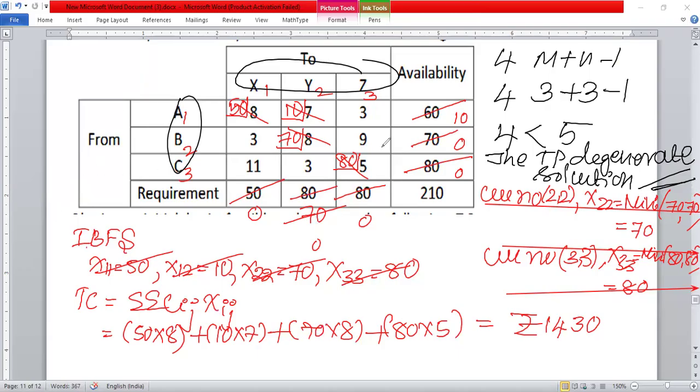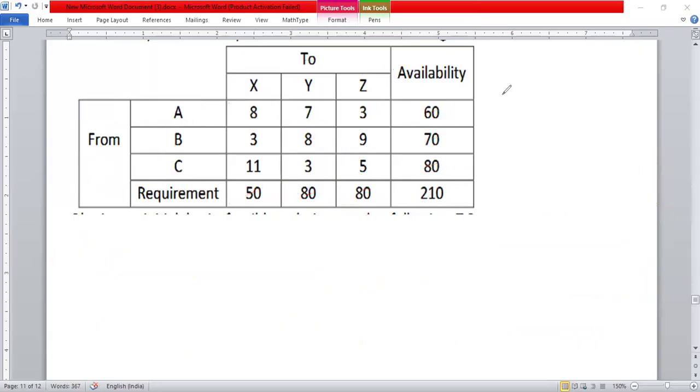So row exhausted, we move on to column immediately. Column exhausted, we move on to row.